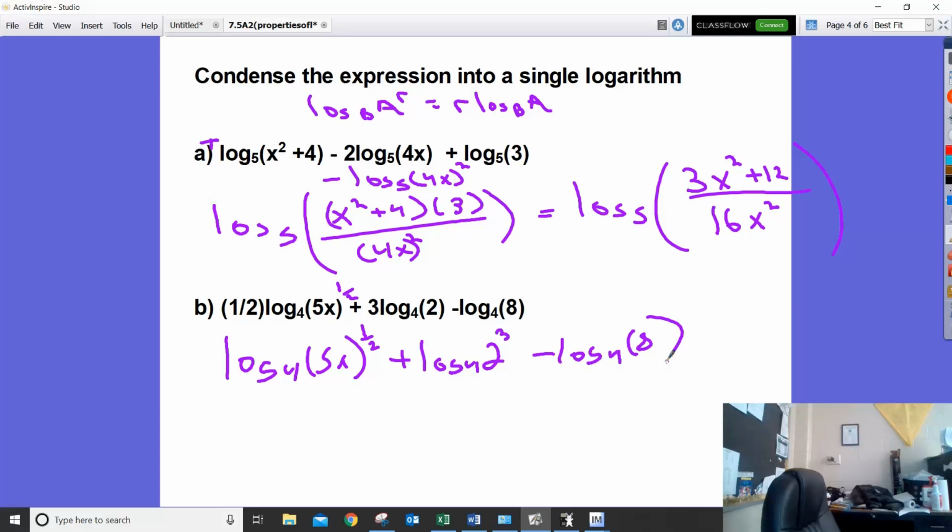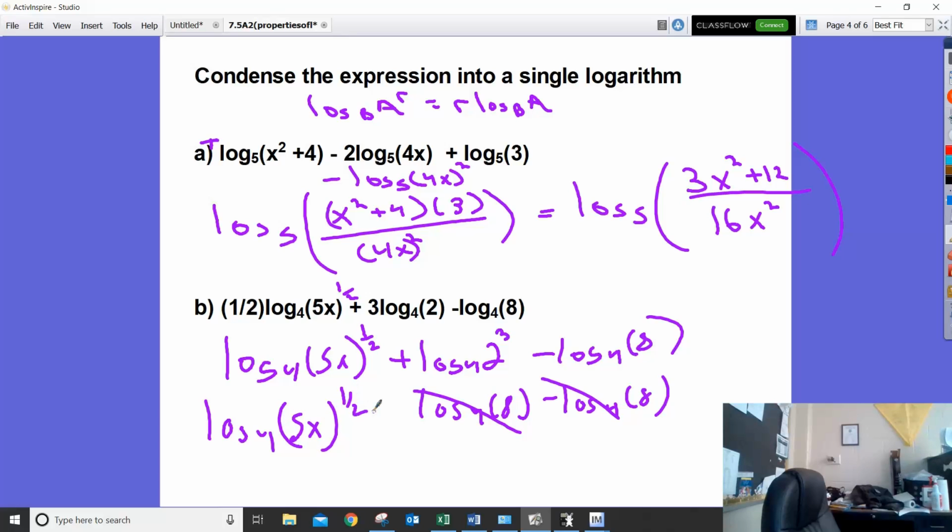What's 2 cubed? 8. Log base 4 of 5x to the 1/2 power. Fully condensed. Hopefully you got a homework assignment too. For your final answer, do you write it to the 1/2 power or do you square it? Or does it matter? 1/2 power. You could put it with the square root symbol, but it should be 1/2 power.